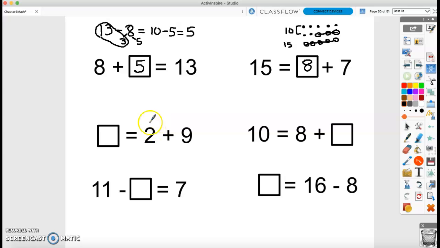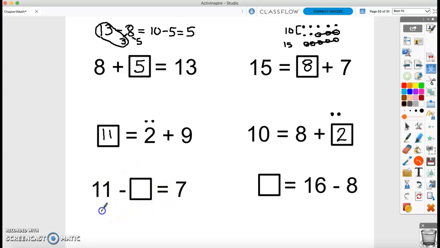All right, here we go. We have 9 plus 2, so we're going to count up. 9, 10, 11. Awesome. So 11 equals 2 plus 9. Let's try this one. 10 equals 8 plus something. So once again, we're going to say 8 and count up to 10. 8, 9, 10. So our answer is 2. Here we go. We can use a related fact to help us.